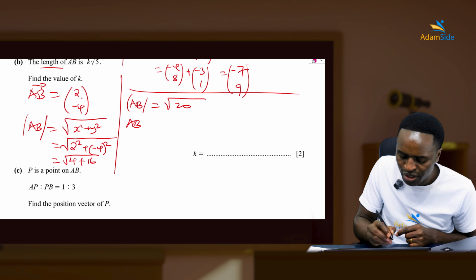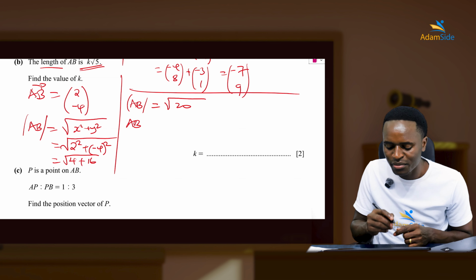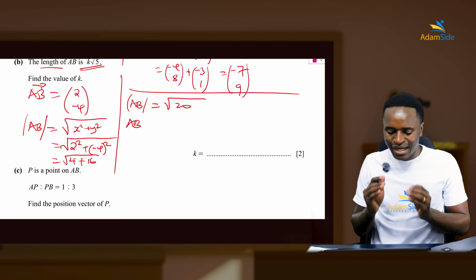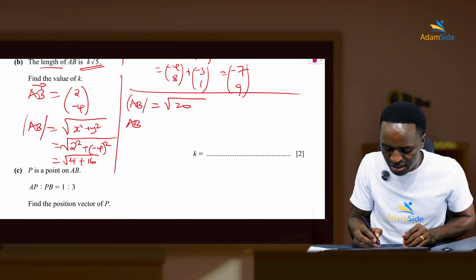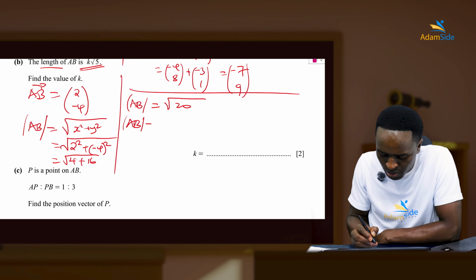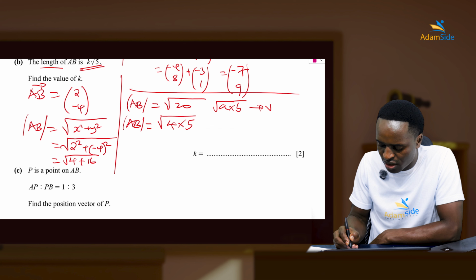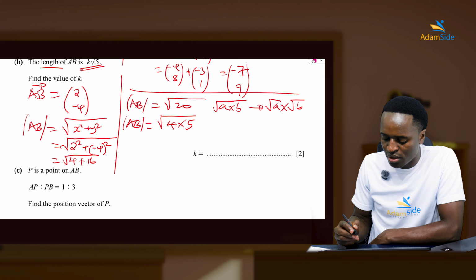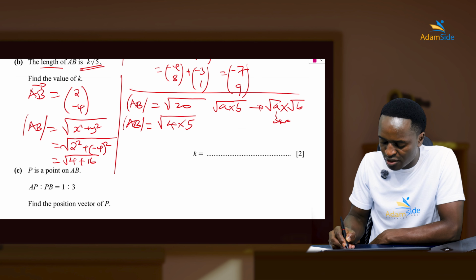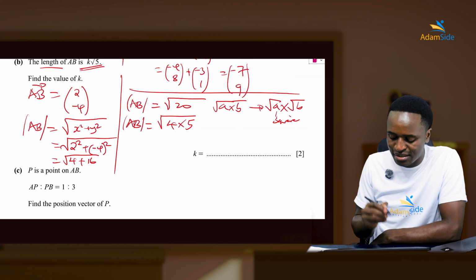Then they want you to simplify in surd form. That's the examiner's trick. They want you to leave your answer in surd form. So the magnitude of AB will be equal to root 4 times root 5. You convert it into the form a times b, where one should be a square number and the other should remain in surd form, so that you are able to find the square root.